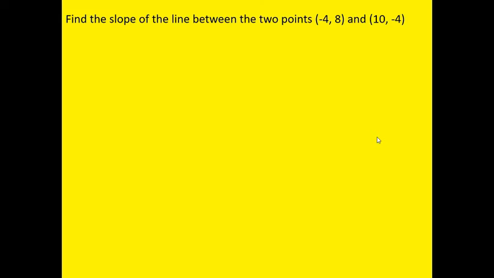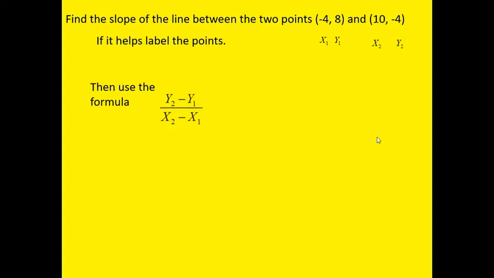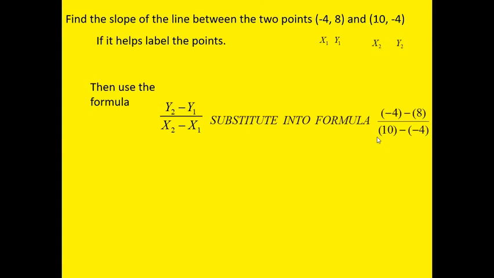Let's take a look at a quick example. We're going to find the slope of the line between the 2 points, (-4, 8) and (10, -4). Sometimes it helps to label the points x1, y1, x2, and y2. Then we're going to use the formula for rise over run, y2 minus y1 over x2 minus x1.